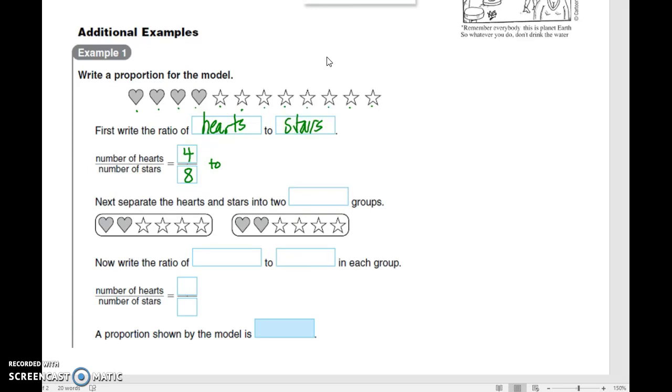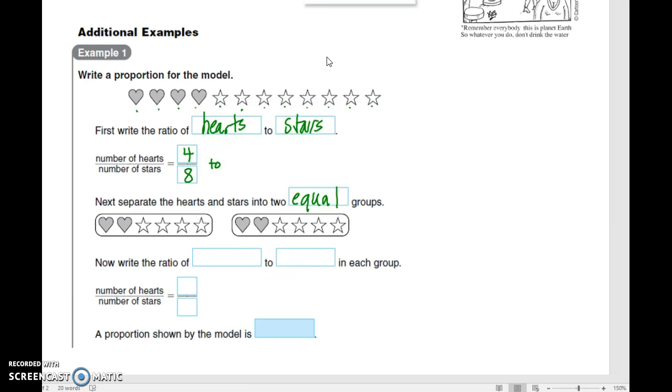Okay? Next I'm going to separate them into two equal groups. So I'm going to take them and I'm going to divide up my hearts into two groups and my stars into two groups. And I'm going to make them equal. Do they have to be equal? They have to be equal to be a proportion. Otherwise, if they're not equal, they're not a proportion. Excellent question.